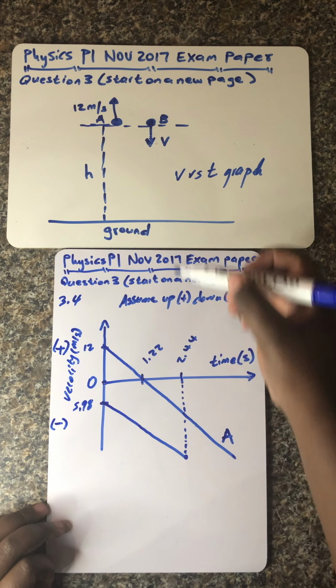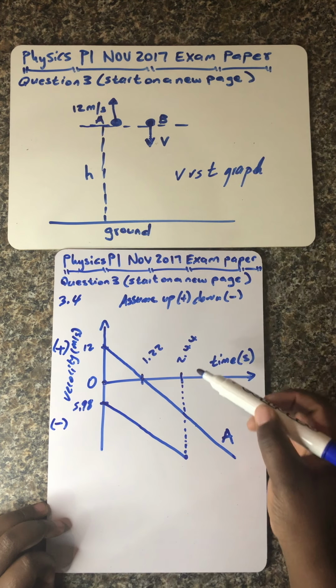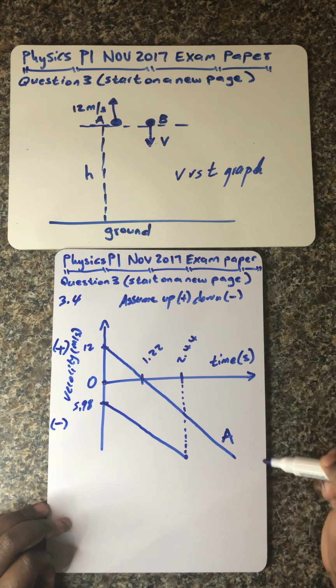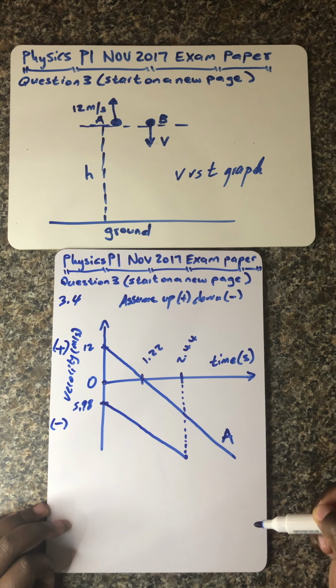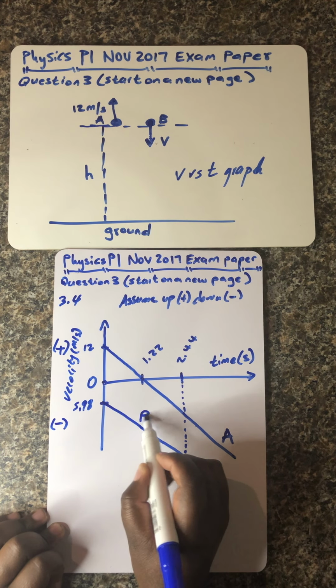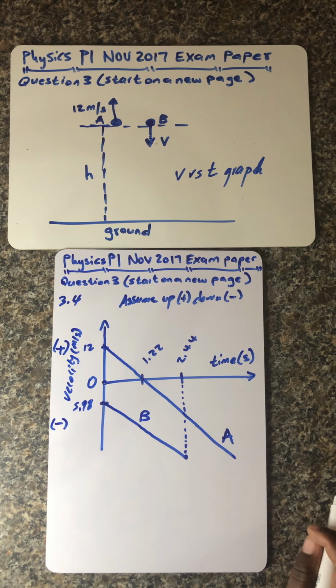Because this object takes 2.44 seconds to hit the ground. As soon as it hits the ground, that's the end of its journey. So now we can just label to say this is our object, or our stone B.